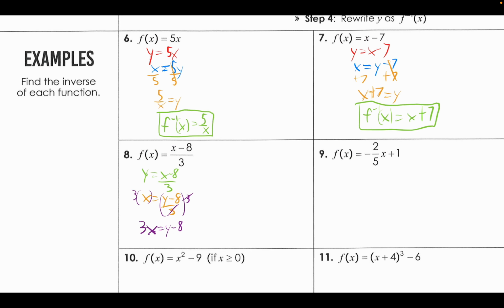Then I'll add 8, giving me 3x plus 8 equals y. So now I'm going to rewrite my answer as f inverse of x equals 3x plus 8. And that'd be my answer.